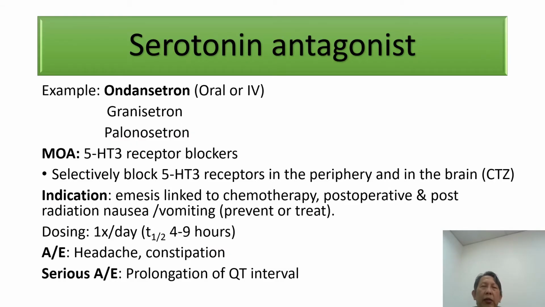Serotonin antagonist. An example of this drug is ondansetron. We have other drugs also, but the most popular is ondansetron. They usually act by selectively blocking 5-HT3 receptors in the periphery as well as in the brain.